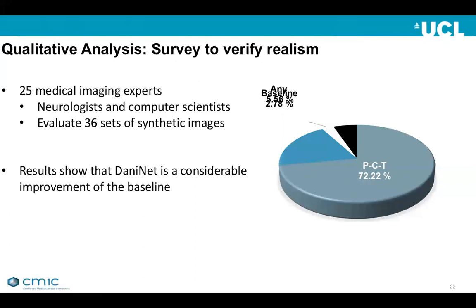In this qualitative analysis, we show that the participants selected 72% of the time the configuration that uses all the 3 components, while I think it is 5% of the time where the participant was not happy at all with any of the 3 synthetic images, and I think it was around 2.7% of the time that they picked the baseline.